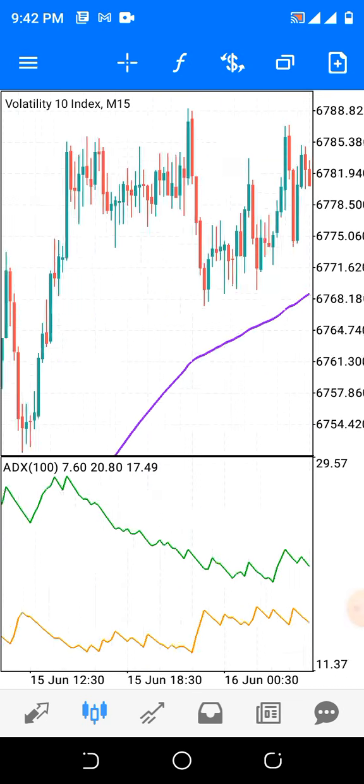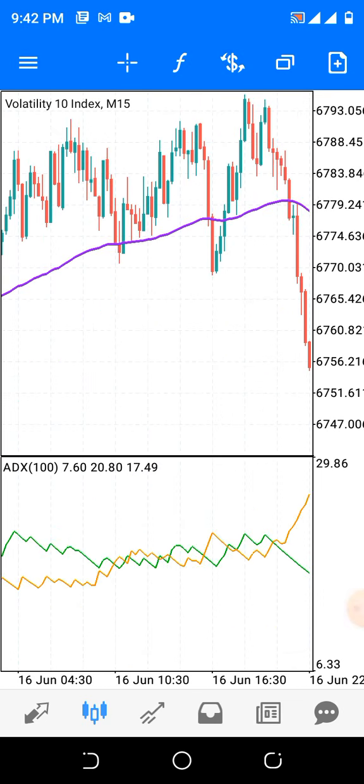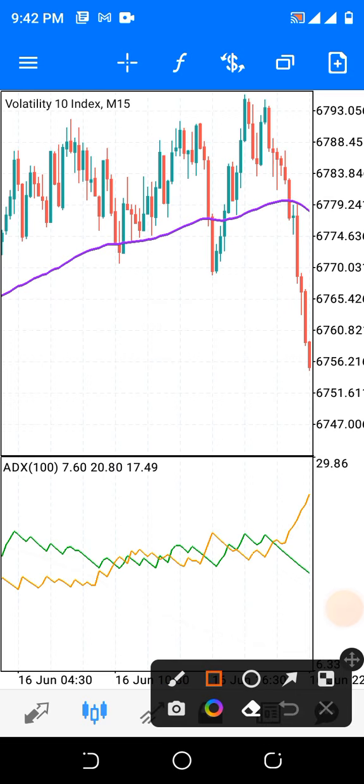Now there is something I want to explain to you here. Pay attention: whenever you see the ADX lines twisting themselves, watch here. You see how the ADX lines are twisting themselves.